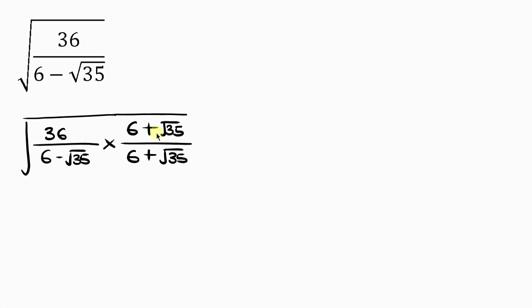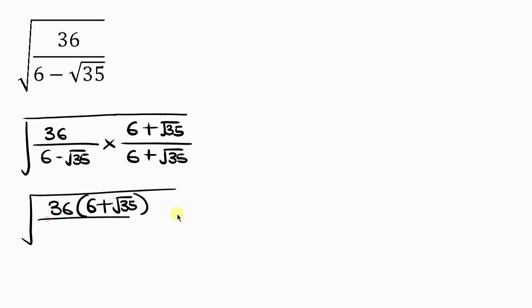Well, this expression can also be written as the square root of 36 times 6 plus root 35 all over the denominator 6 minus the square root of 35 times 6 plus the square root of 35.